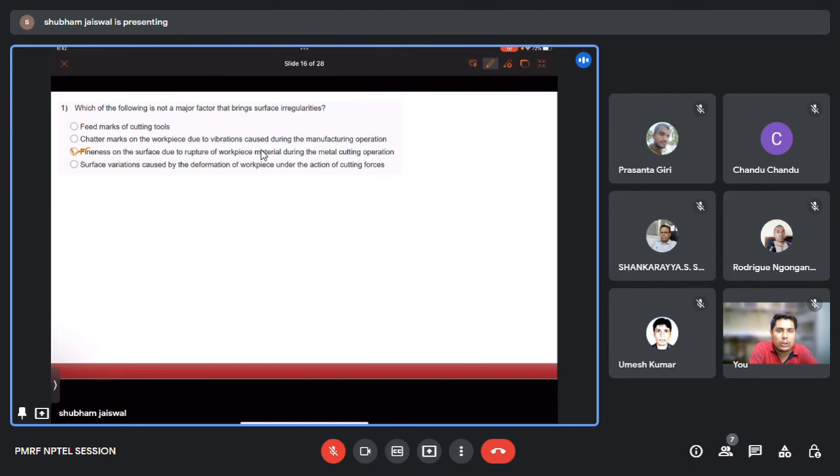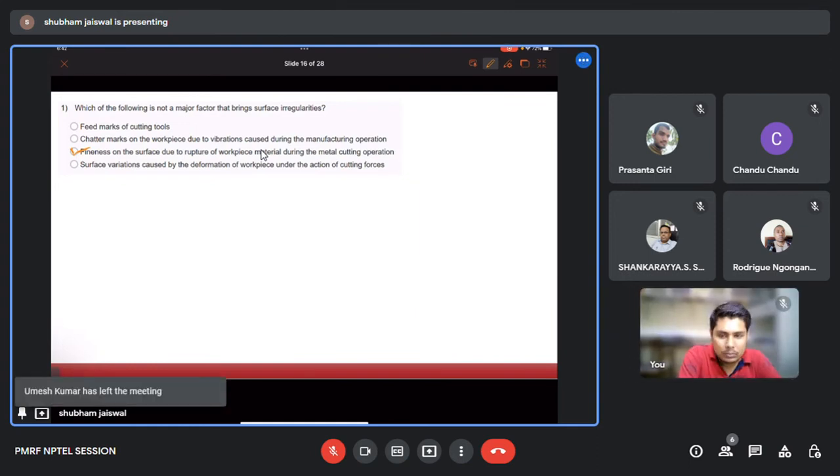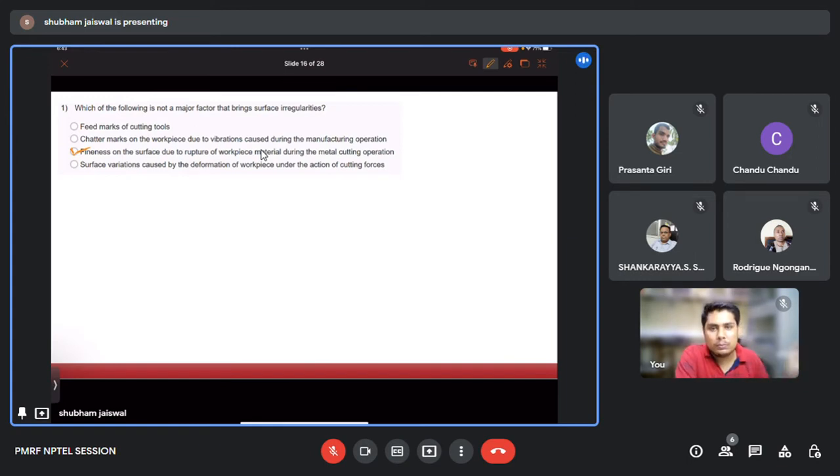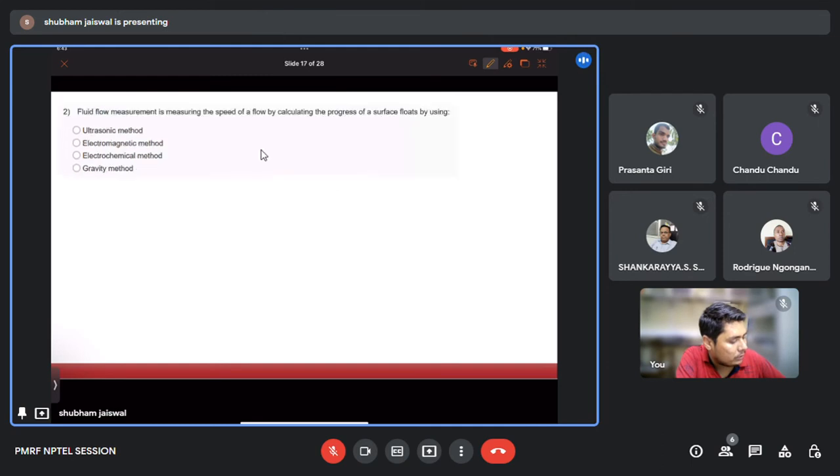If the cutting forces are involved, definitely there will be some surface variation. The only option that is different is the fineness. If the surface is more fine, it is moving toward regularity. It is not irregular, meaning the surface is fine or smooth. So the only option here is fineness on the surface due to rupture of workpiece material during the metal cutting operation. So moving to our next question.